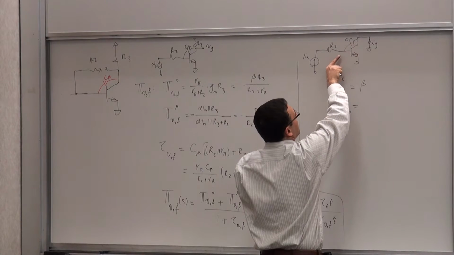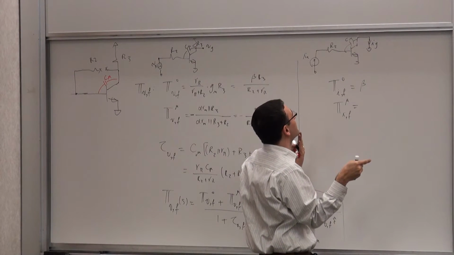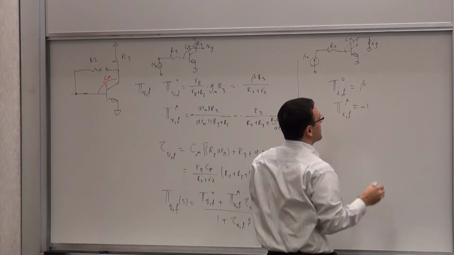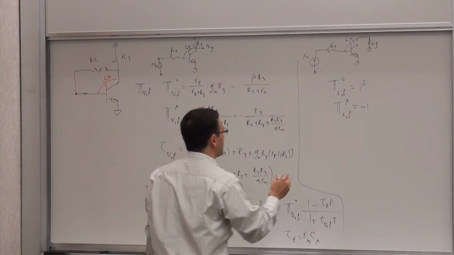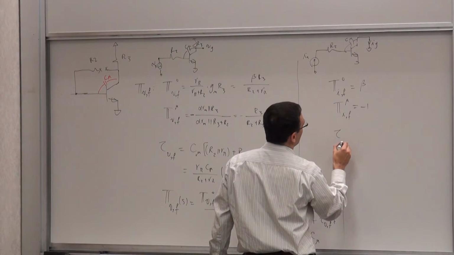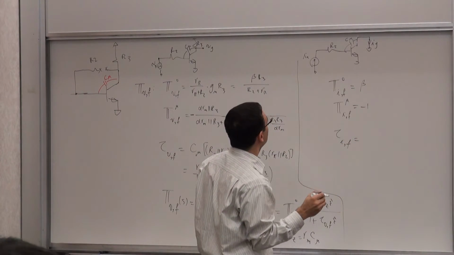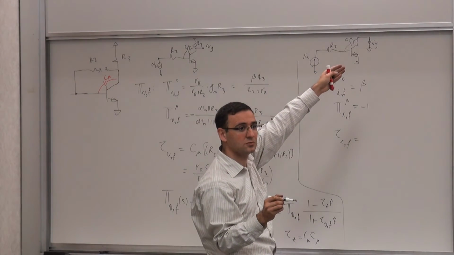When it's shorted, all the current goes there. The polarity is the same, but there's a minus sign in the definition, so this becomes minus 1. And then the time constant, tau IF, is going to be what? The time constant is R left, R right, but we don't have an R right. So it's R left, C mu.